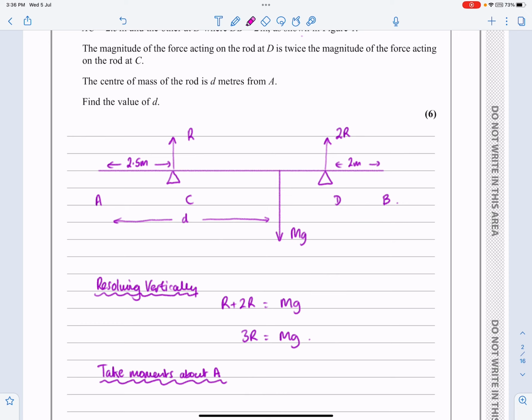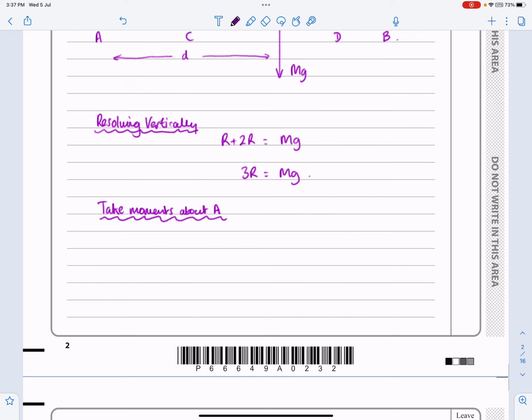Before I do either of those two things, let's make it clear that because the whole length is equal to 9, this bit here must be 4.5 meters, giving me that 2R is going to be multiplied by 7. So taking moments about A, R times the 2.5, plus 2R times the 7, that's going to balance out with mg times D.